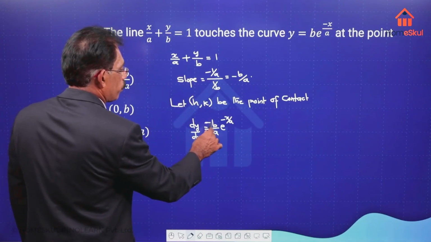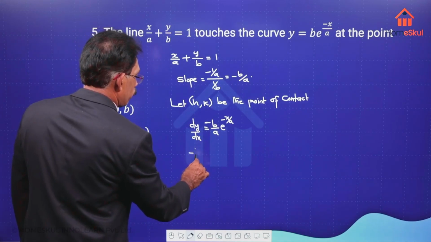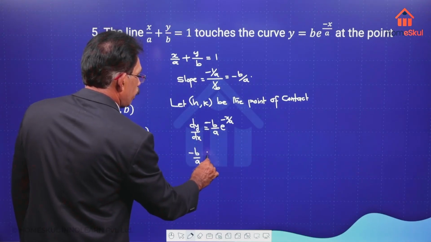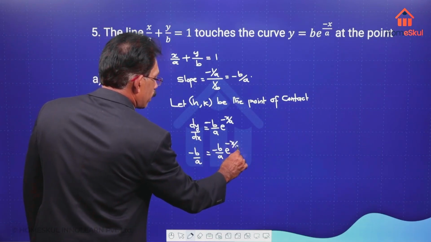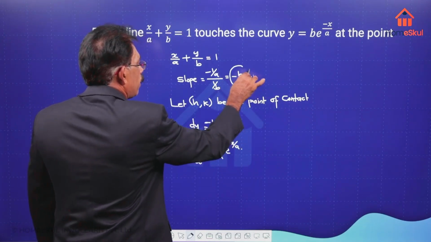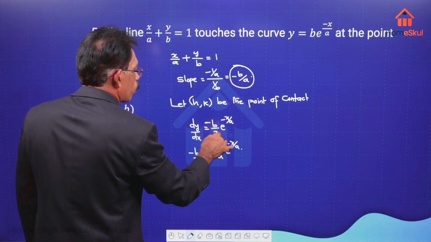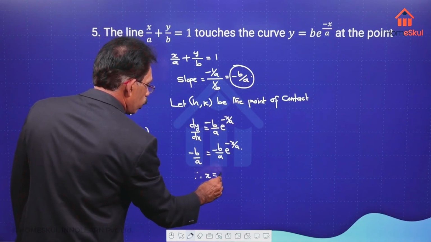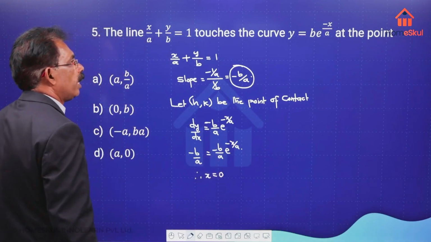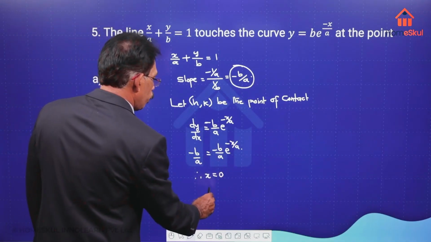This slope is minus b by a. Here minus b by a is equal to minus b by a into e raised to minus x by a. Am I correct? This is the slope. That slope is same as this one. This is also the slope. So therefore x is equal to 0. X equal to 0, and y is equal to b.